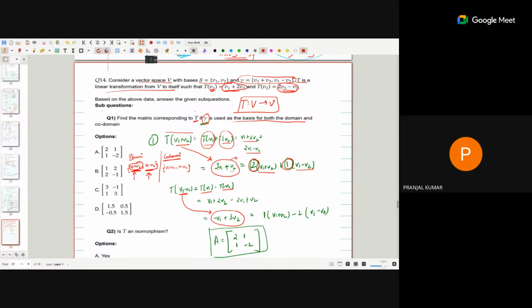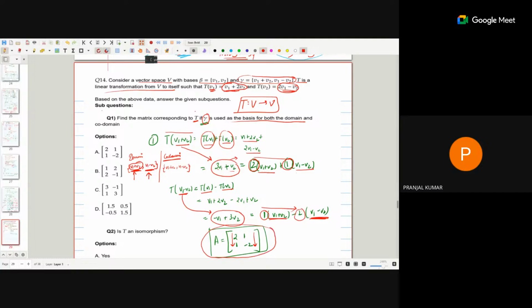Now I will express this output as a linear combination of the basis vectors for the codomain, which is again V1 plus V2, V1 minus V2. So I found the coefficients. Now I just need to place them as columns. So 2, 1, and 1, minus 2. So I've got my corresponding linear transformation matrix.